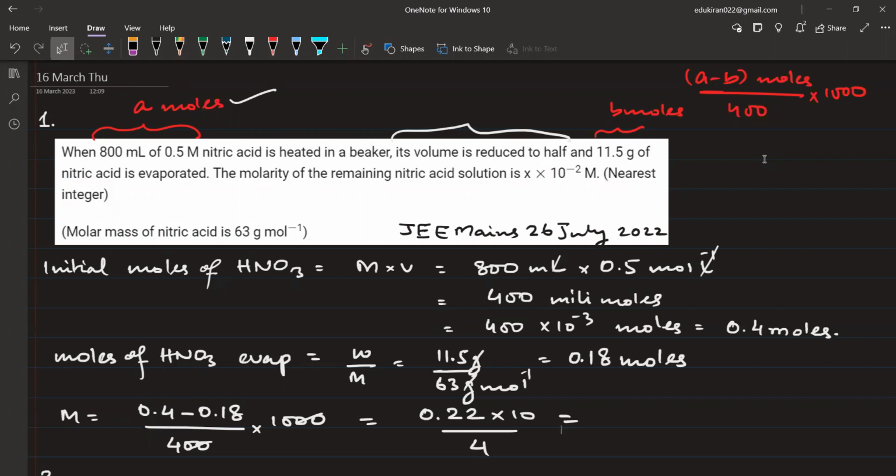What is the answer, guys? Correct. It will be 0.55. Okay, so I can write this as 55 into 10 to the power minus 2. So x will be equal to how much? 55. Write this down.